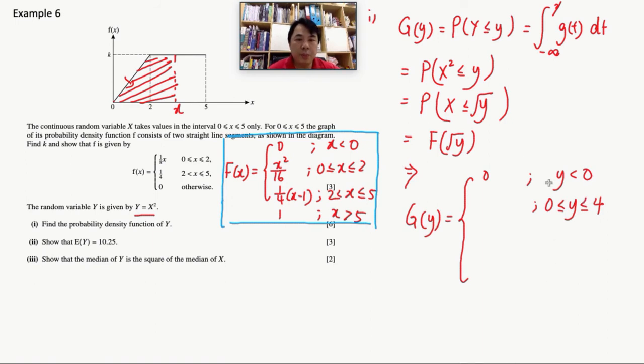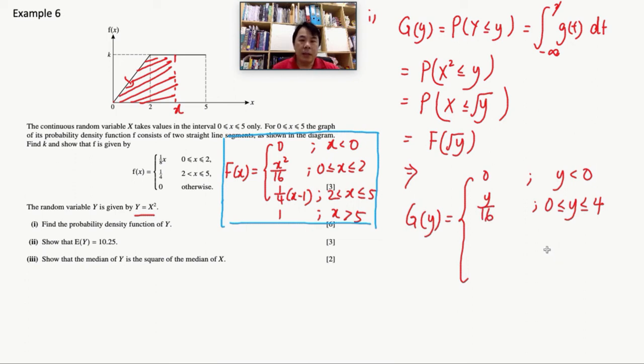For that to be true, it must be the distribution function with the input of square root of y, that will be y over 16.